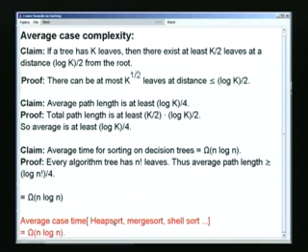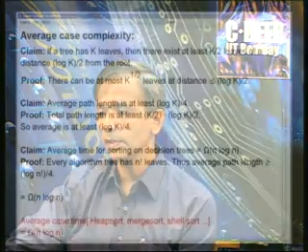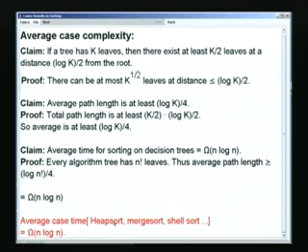When we studied average case complexity of quicksort, we proved that although the worst case complexity for quicksort was n squared, the average case was n log n. So, in a similar manner, it may be conceivable that heap sort may have worst case complexity of n log n, but its average case complexity is just n.